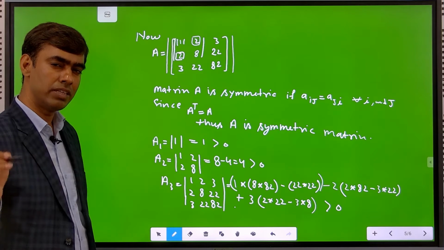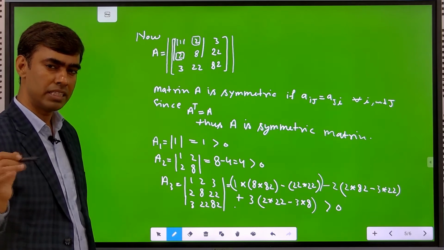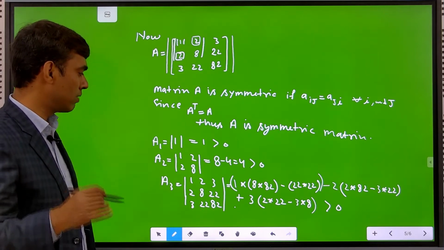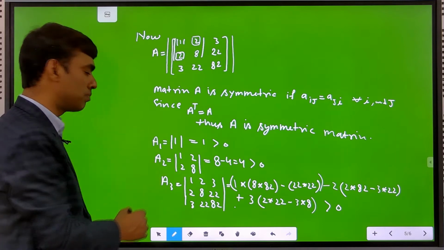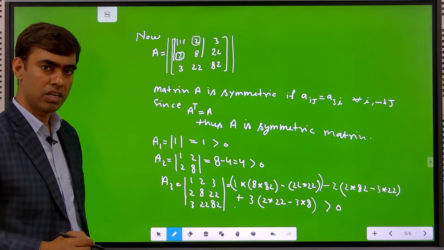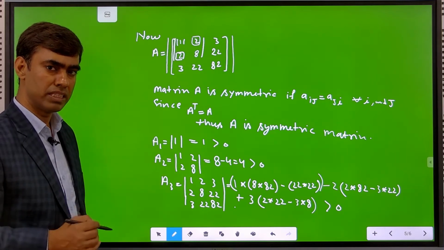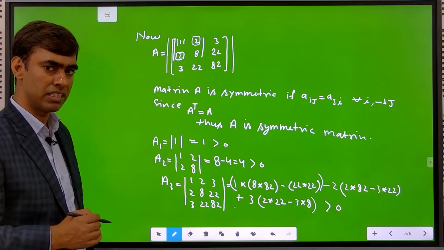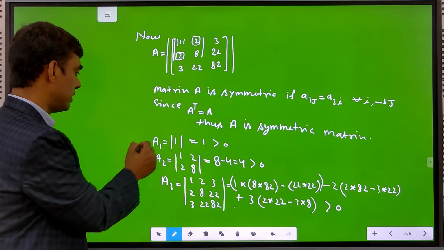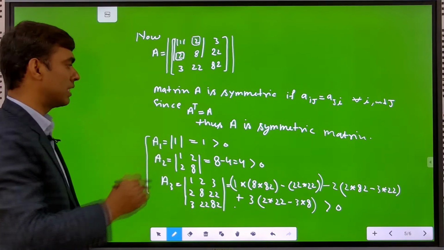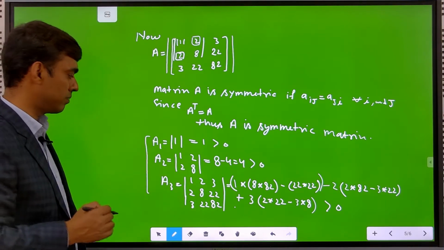So there are different ways to show that a matrix is positive definite or not. One of the easiest ways is to find the principal minors of all orders of matrix A. If those are greater than 0, then we say that the matrix is positive definite. So here the principal minors are greater than 0, so the matrix is positive definite.